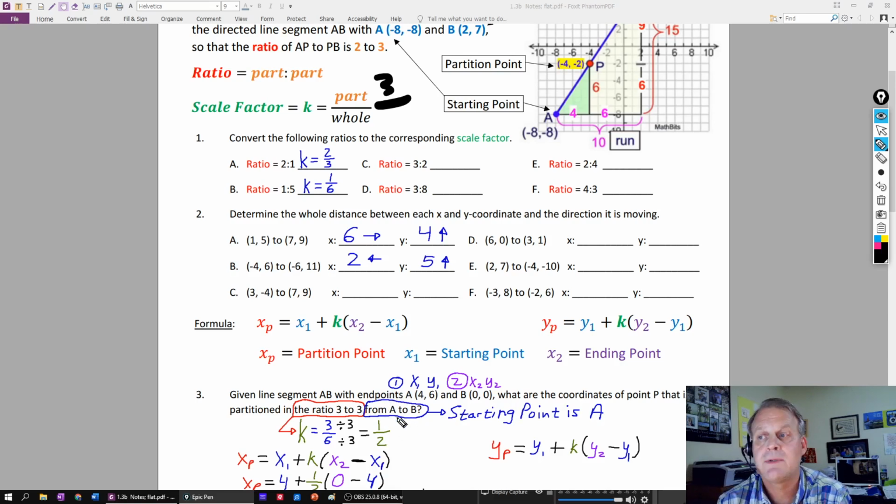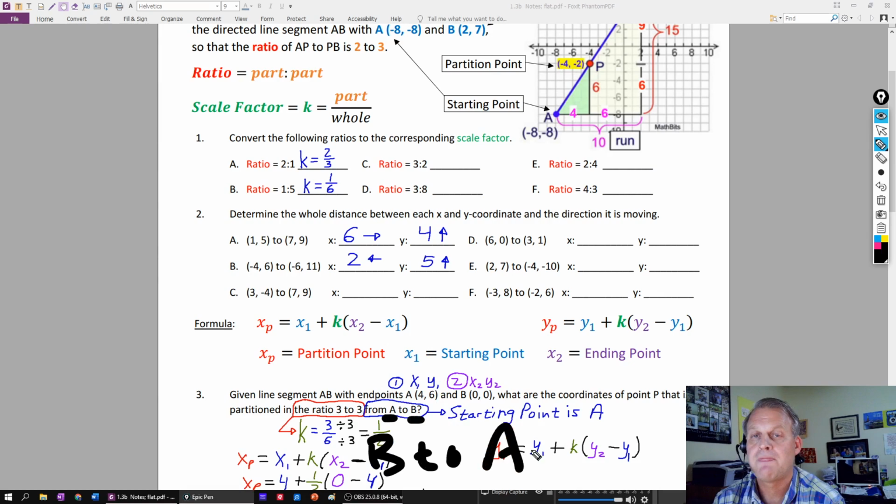The next step is really important, that you determine what your starting point is. In other words, the starting point will not always be A. It will not always be the first coordinate that they give you. Sometimes they'll be tricky and instead of saying from A to B, they'll say from B to A. If that was the case, it totally changes the problem.